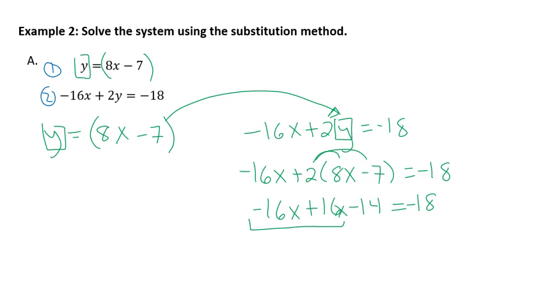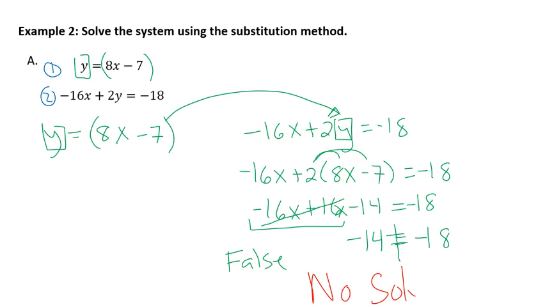We have our 16x's, and when we combine like terms, this becomes a 0x, or we can just cancel that out. And then we end up with a statement here that says negative 14 equals negative 18. That's actually not a true statement, right? Those are actually not equal, that's a false statement. And so what that means for this system is there's actually no solution. If I saw this on a coordinate plane, this would mean that the lines were parallel to each other. This would be an example of a no solution.